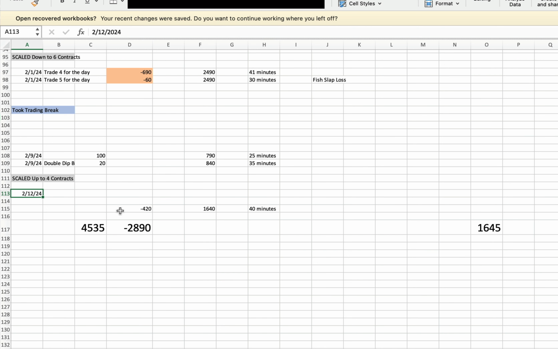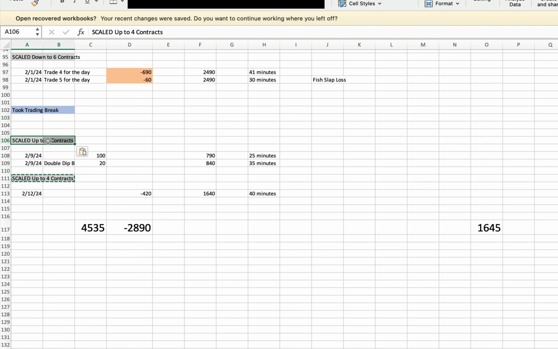Then I'm going to move all these up to this line here. Oh, that's not right. Okay, so there's our new numbers. So we went up to 4 contracts today. I forgot to put in what, I think that was 2 contracts. Yeah.